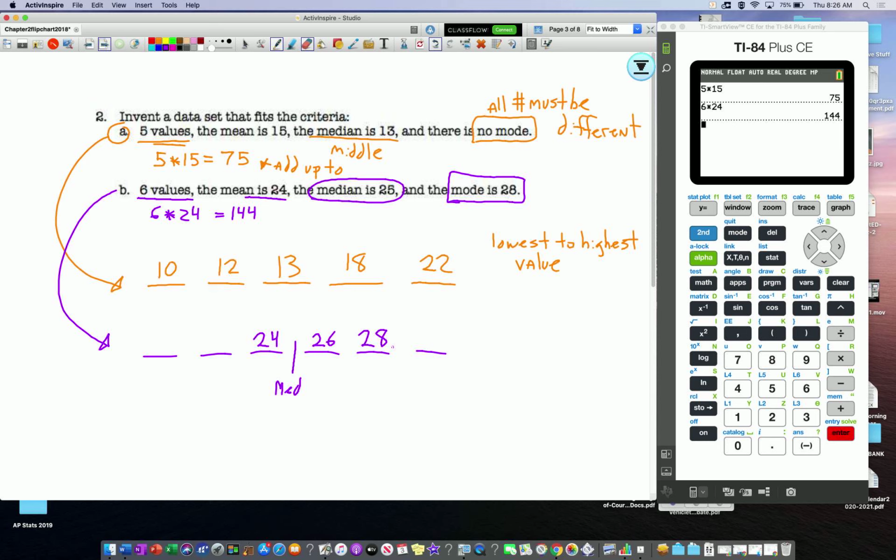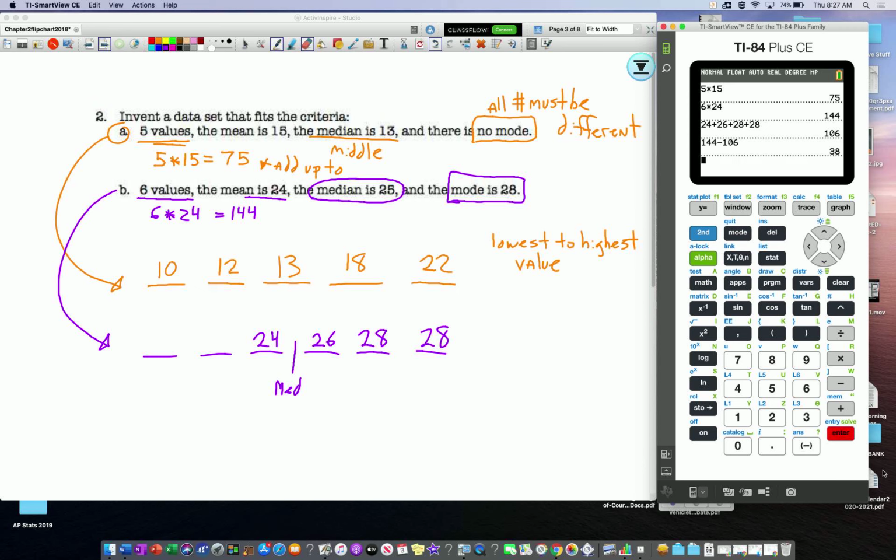This allows me to say these two numbers are 28. So now I'm going to see how much I already have. 24 plus 26 plus 28 plus 28, I have 106. So 144 minus 106 leaves me 38.